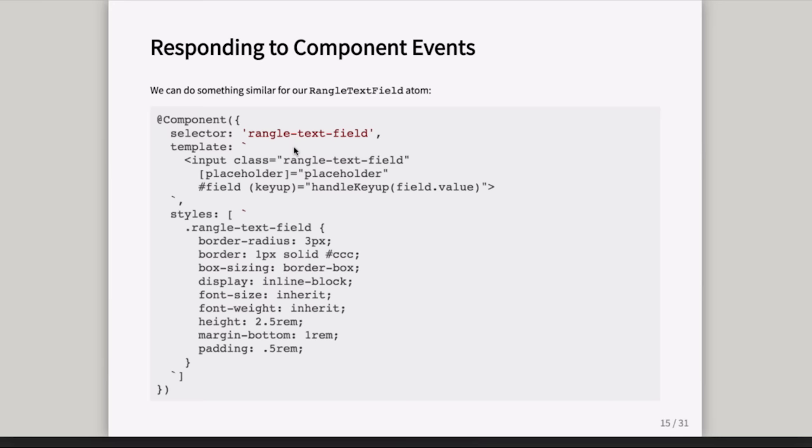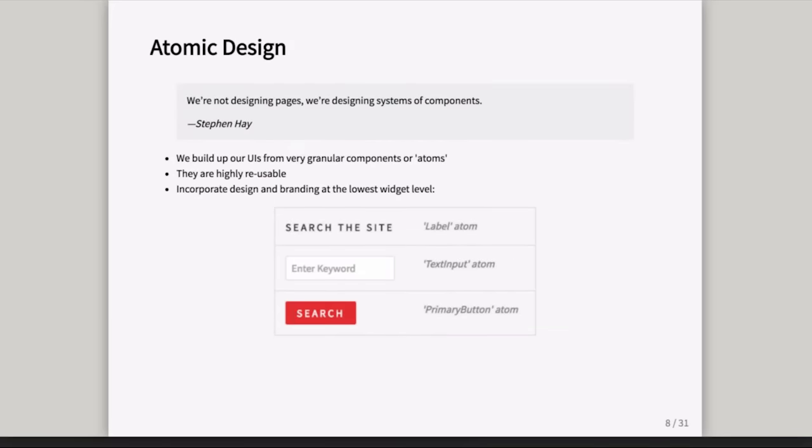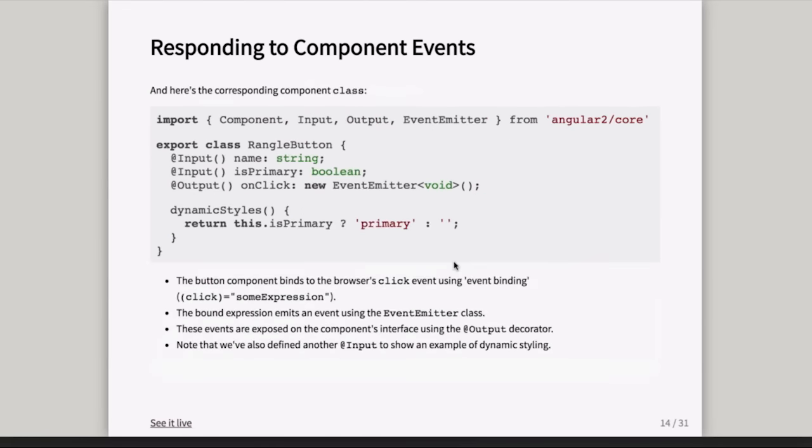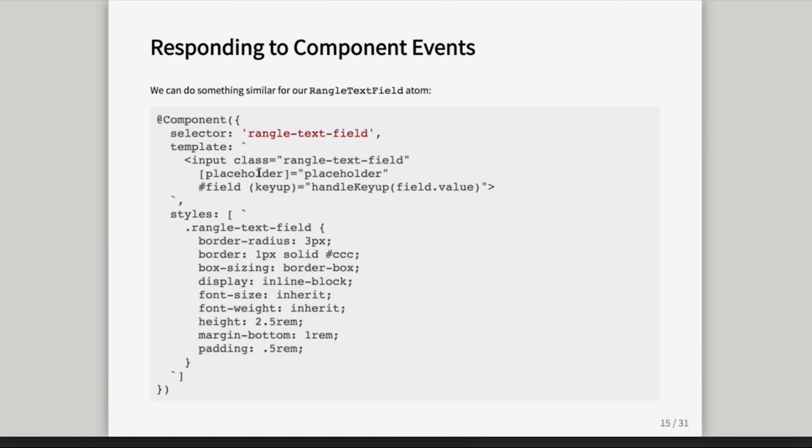But we also need to get actual data out of some components. A classic example of that is an input component. So if we go back to our little atom list here that we want to build, we've also got a text input which we will build out. And so here's the component decorator for such a thing. We call it Rangle text field.